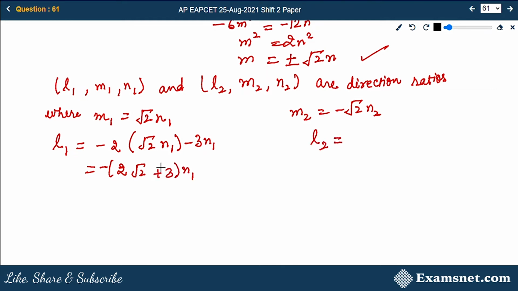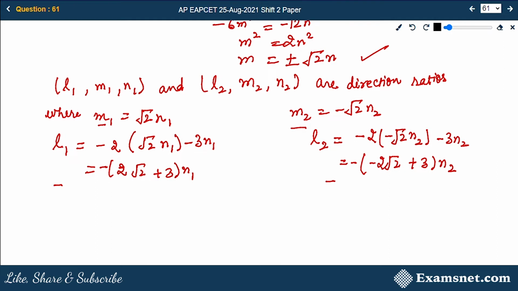l2 in the second case, l2 will be minus 2 into minus under root 2 n2 minus 3n2, which makes it minus of minus 2 root 2 plus 3 n2. So this is l1, this is l2, m1, m2 and n1 and n2 I will keep as such.